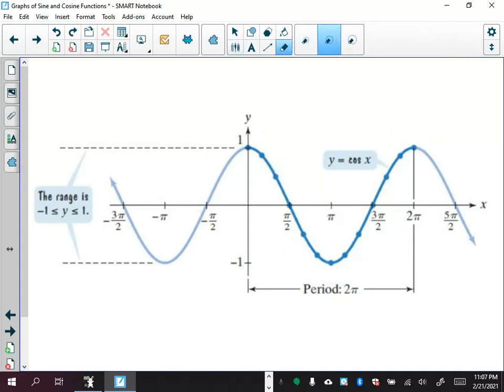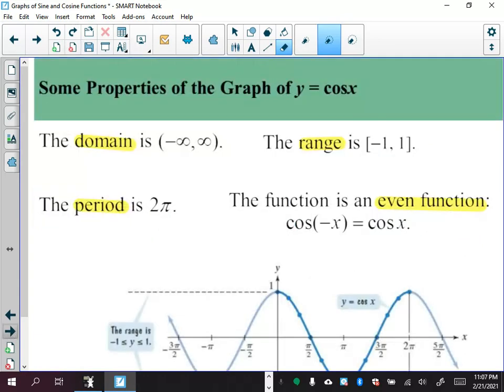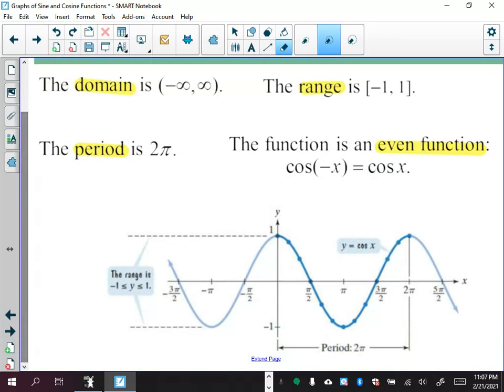And so that's the beauty of sine and cosine. That's why we work with them so much in the beginning. And here's the other thing. Domain, range, and period are all the same. The only thing that's different in this case is that cosine is an even function. And it's even because even says that if I take the y-axis and cut my graph in half, my left side is going to line up perfectly with my right side.